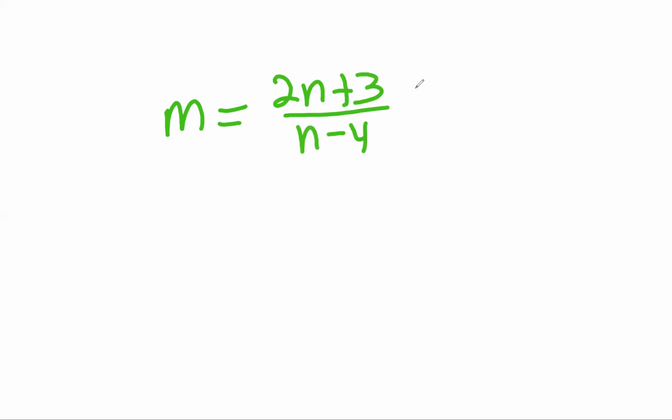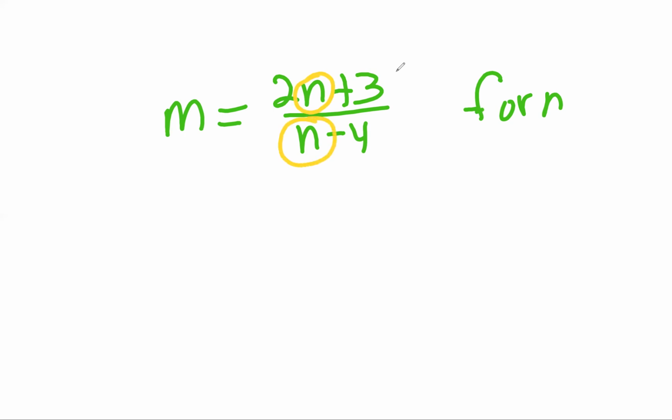All right, if I were to have m is equal to 2n plus 3 over n minus 4, solving for n. So I look at this and I can see an n here and an n here.